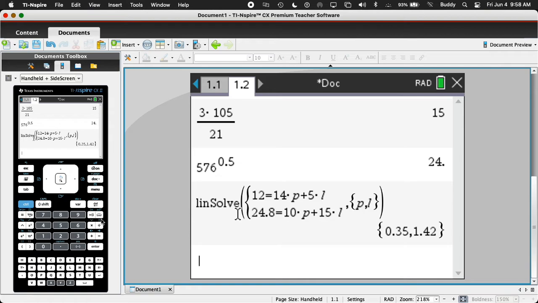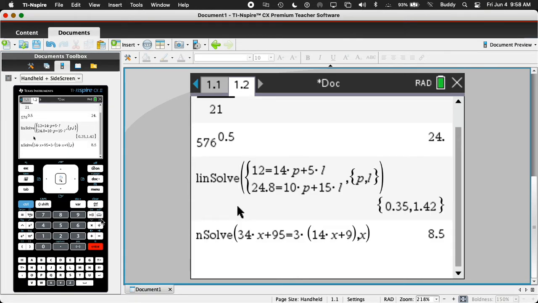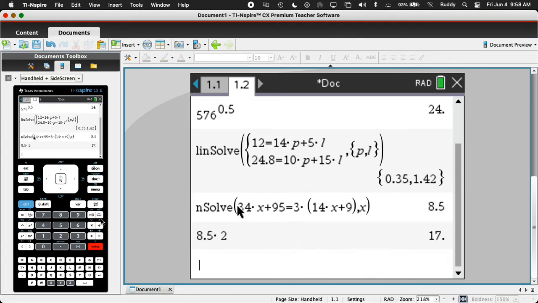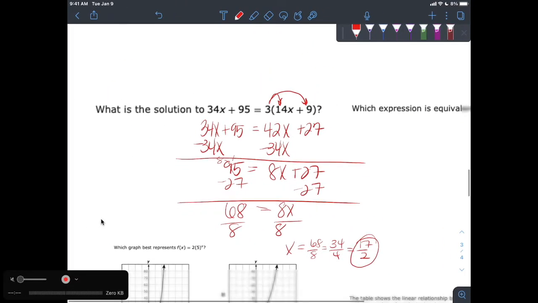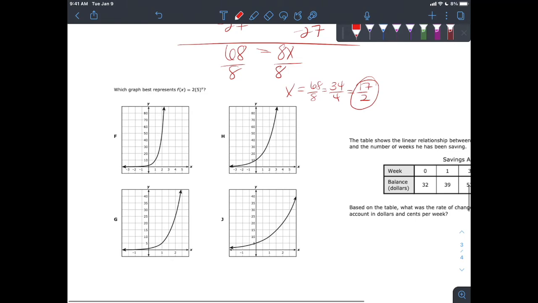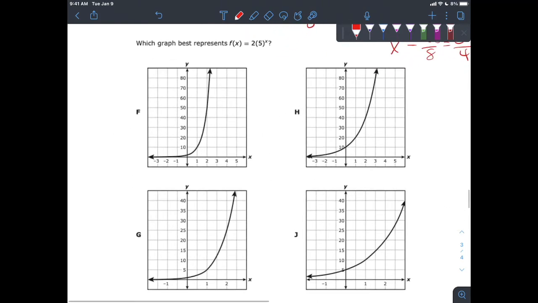Let me just verify that with an NSolve. .5, which would be 17/2. Perfect. Next one. Which graph best represents 2 multiplied by 5 to the power of x?